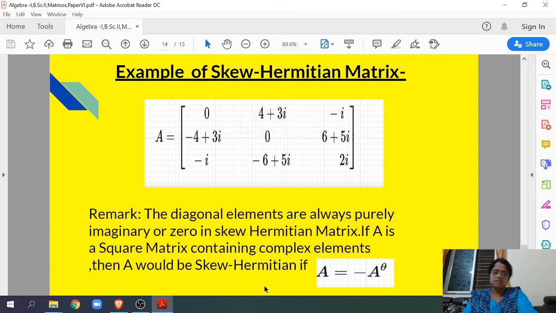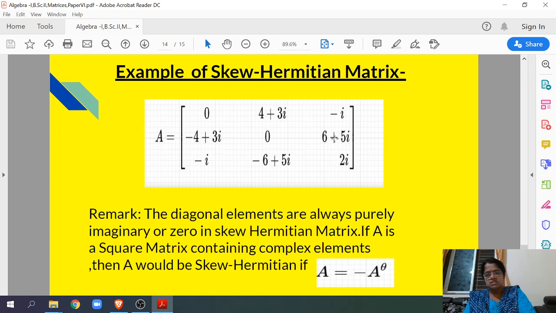Now this is the example which I have written, example of skew Hermitian matrix. Now first we will consider this element which is in the first row second column, means A12. Now A12 is 4 plus 3i. What is its conjugate number? 4 minus 3i, and again its minus means minus 4 plus 3i.